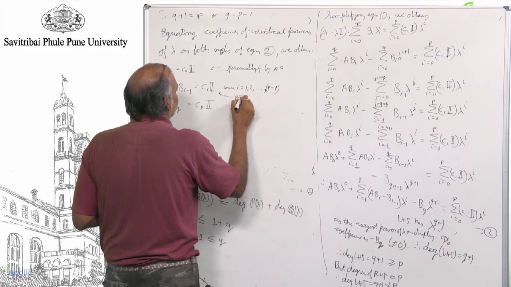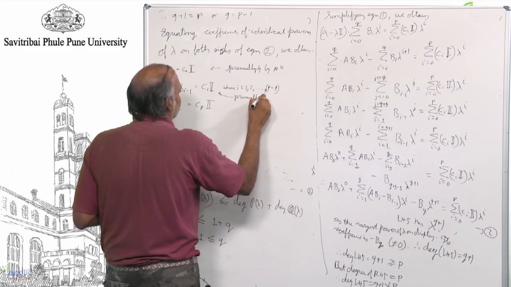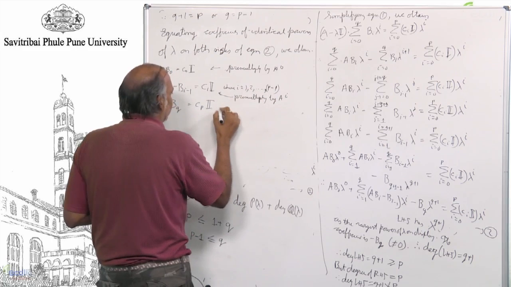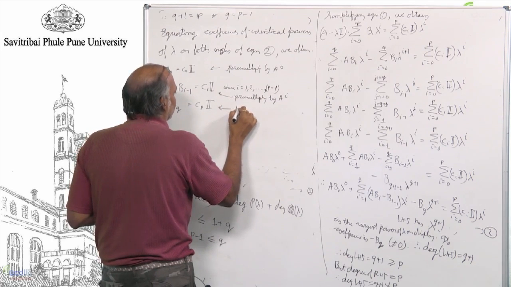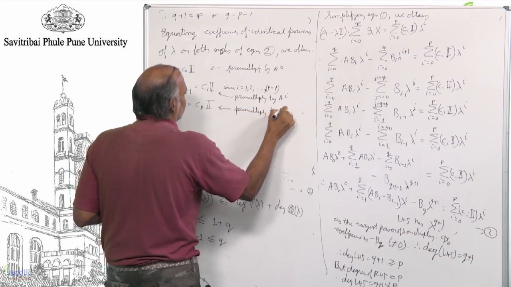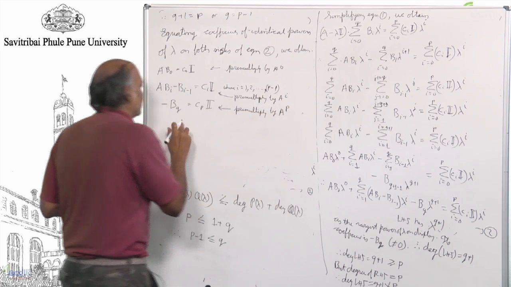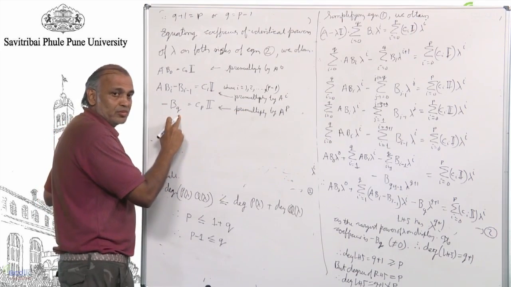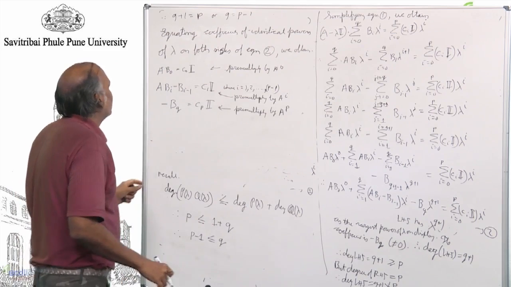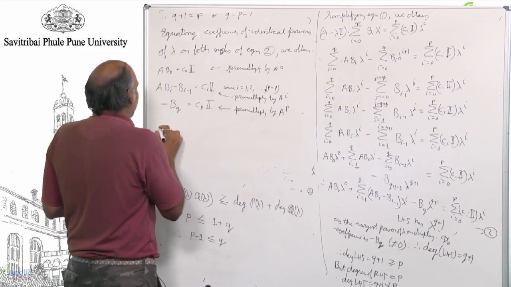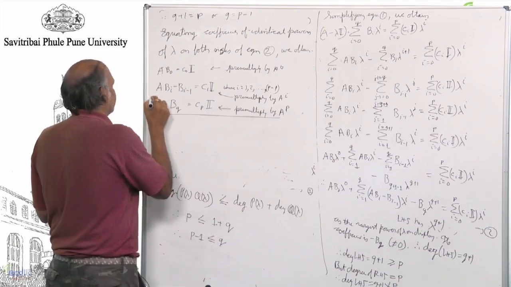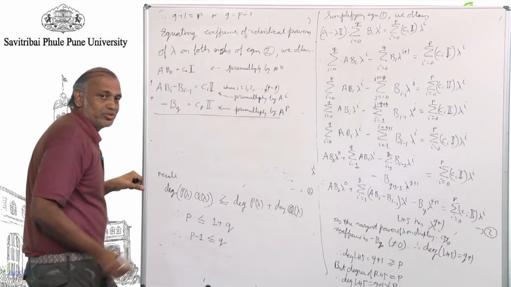Here you pre-multiply by A to the power i for each i, and here you pre-multiply by A to the power p. Remember, this is bq, which is p minus 1 now. Now we have shown that this is p minus 1. So let's see what happens. I add the whole thing.